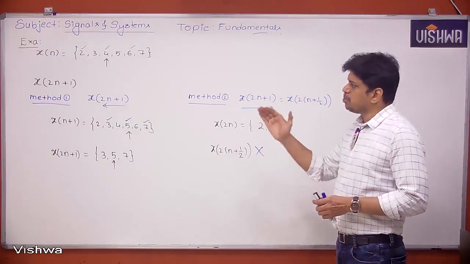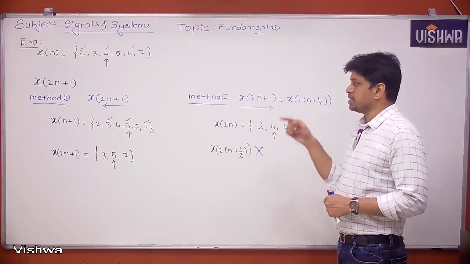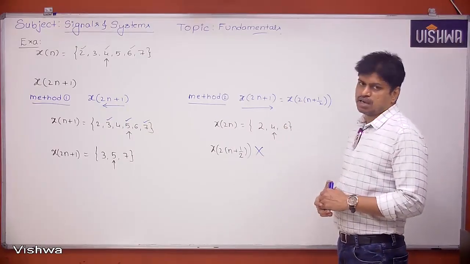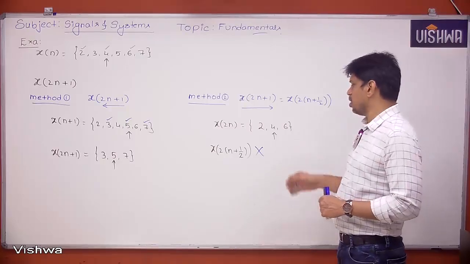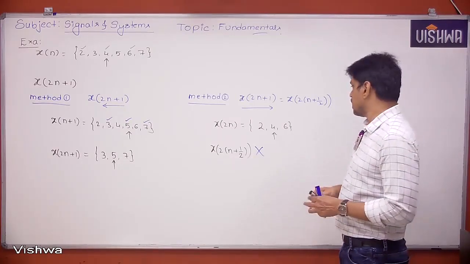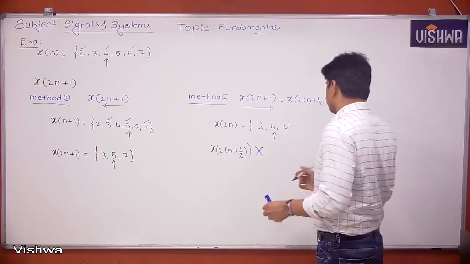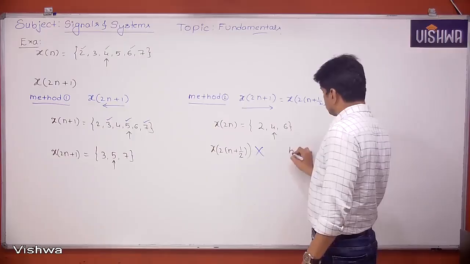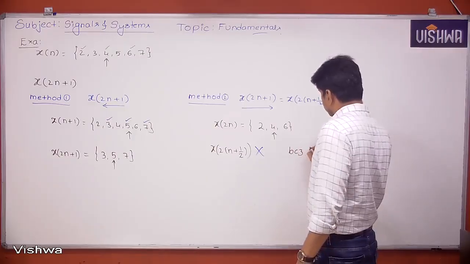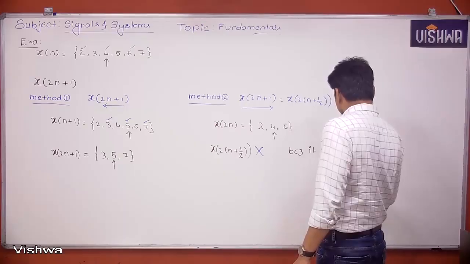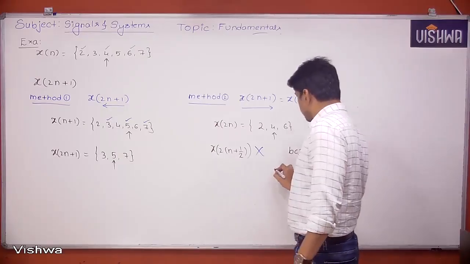So for this particular example, method 1, the natural method, is feasible, whereas method 2 is not feasible because it involves non-integer shifting. So method 2 cannot be applicable because it involves non-integer shifting.